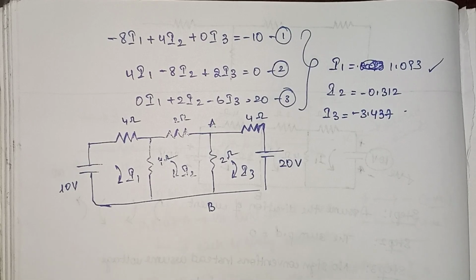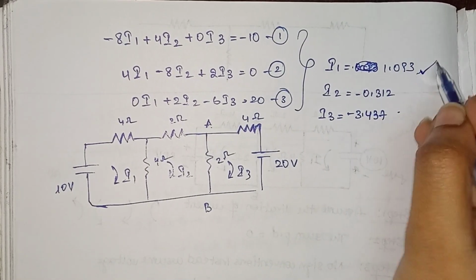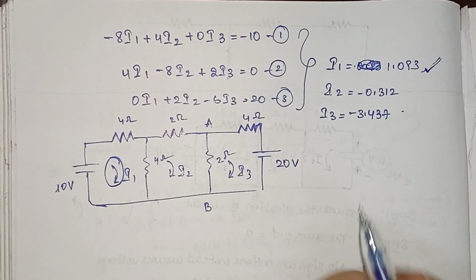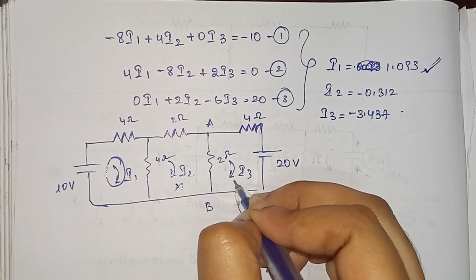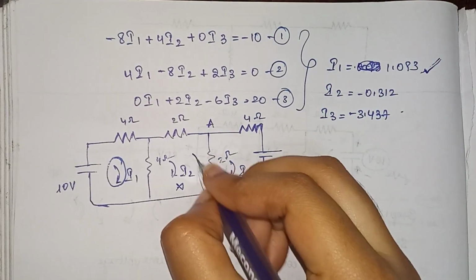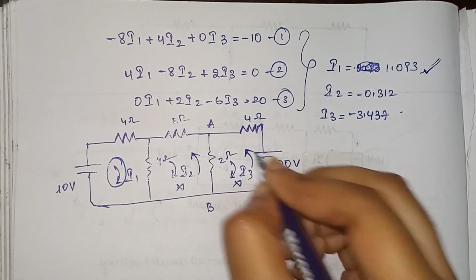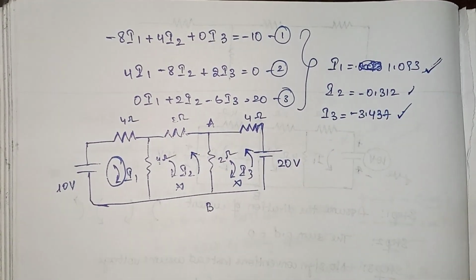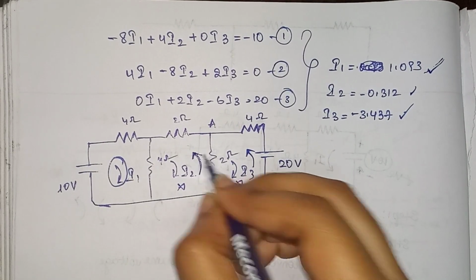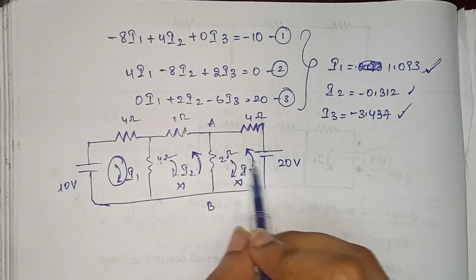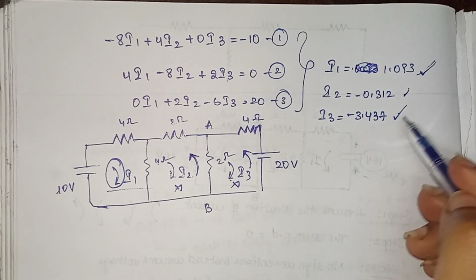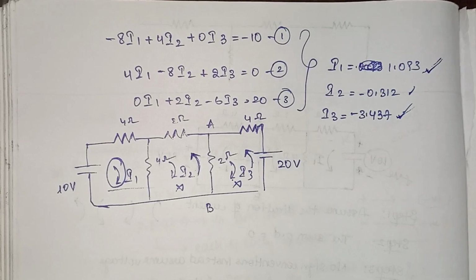If we consider I1, we are getting a positive value, which means the direction we considered for this loop is correct. But for these two loops, the direction we considered is wrong, because instead it should be in this direction. To know the particular direction, we took everything in the same direction. When solving, we get to know the directions.